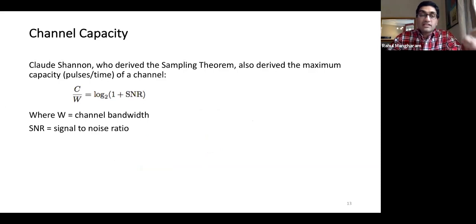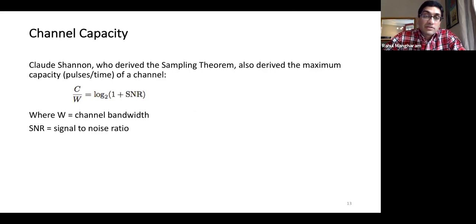And the channel capacity theorem over here essentially says, for a channel bandwidth that I have, say Verizon is given 1 megahertz of spectrum in the 1900 megahertz band, they know that in an urban area this is the amount of noise we normally have. Sometimes we have a lot more noise. They know the noise distribution, and then they need to figure out how much data we can send.